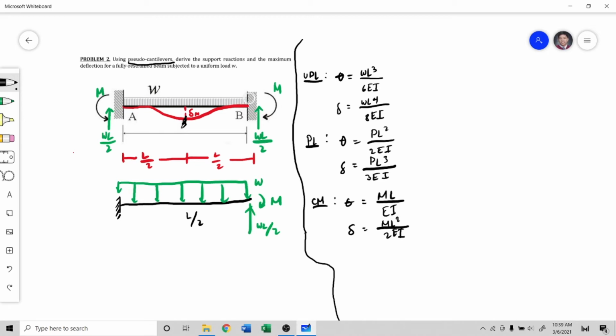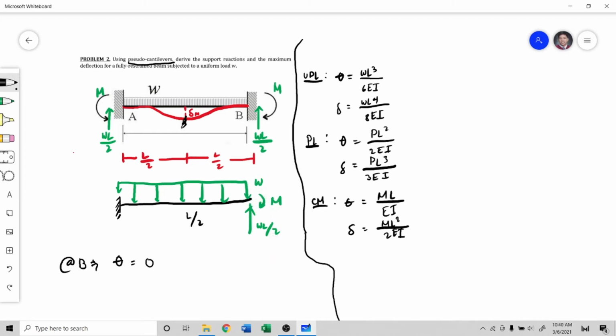So now, kung fixed support yung nandyan, no, sa ating real beam, ibig sabihin, at point B, yung free end natin, no, yung theta natin equal to 0. Since fixed support ito. No, fixed support yung nasa B. So dapat yung theta natin dito is 0.